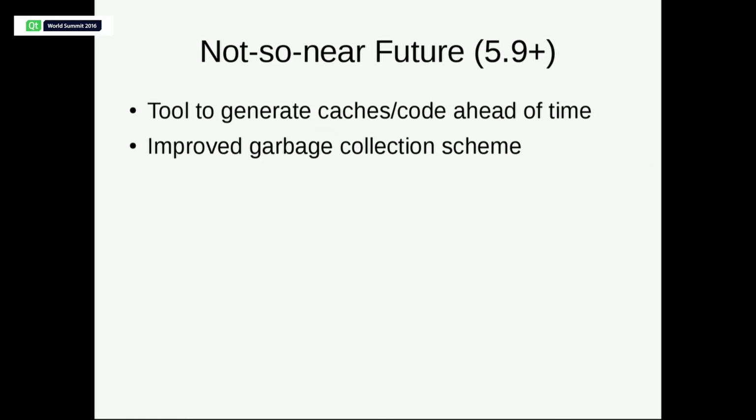So case in point, if you access the width property of a Qt item, we could generate code that static casts to a Qt item and calls width. And with whole program optimization, the linker can really inline this width call. This is something that we can't do with the caching architecture. So that's why I personally see both coexisting.